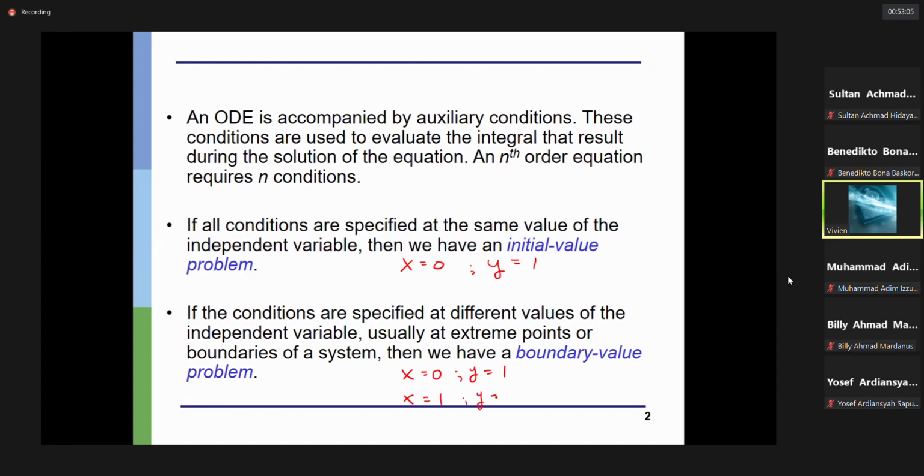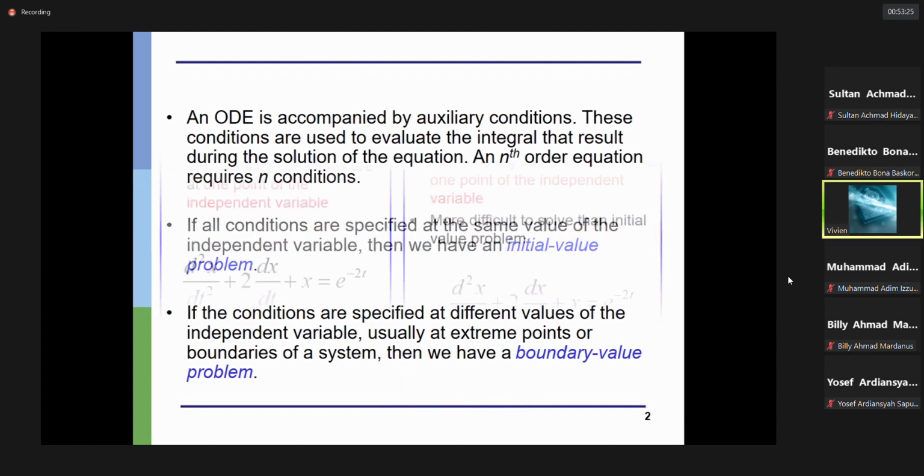Now the y value, for example, is 4. So we have two different values of the independent variable. One is at x equals 0 and the other at x equals 1. So this is called the boundary value problem, because we have two values which bound the solution.